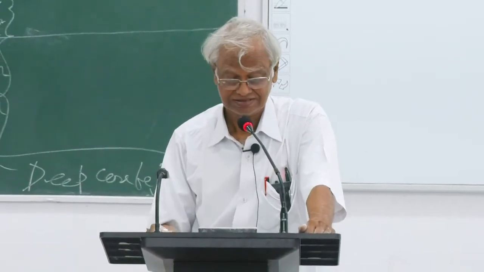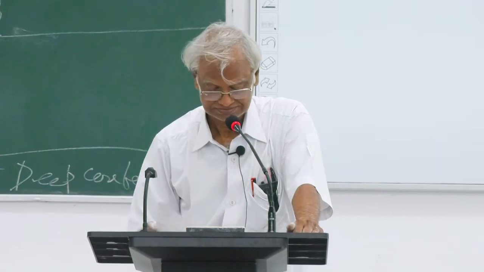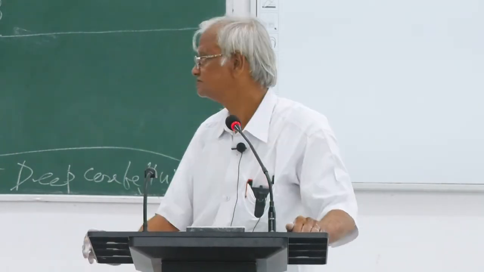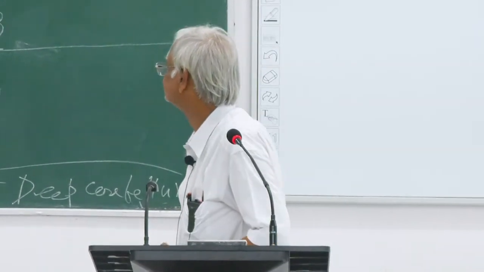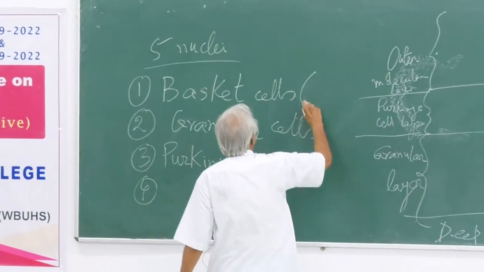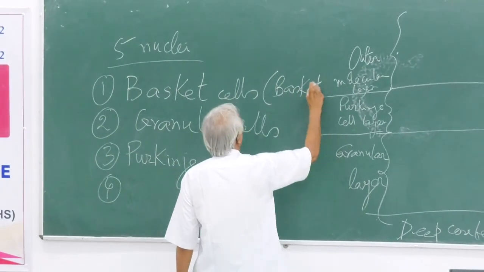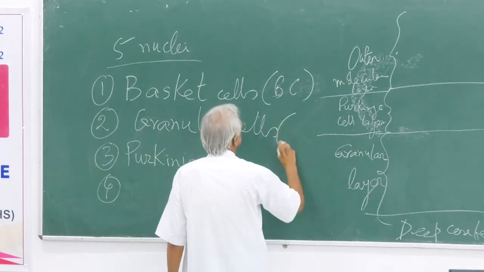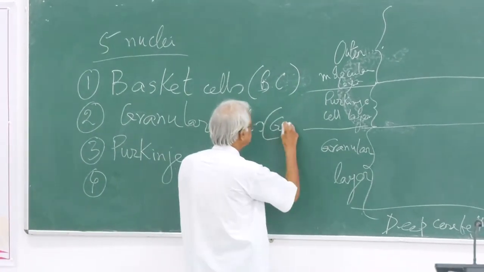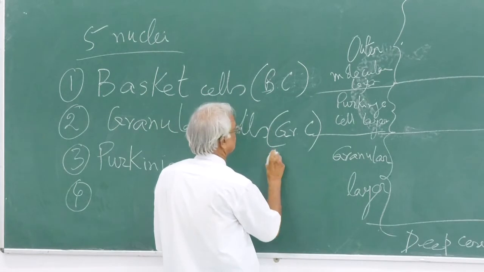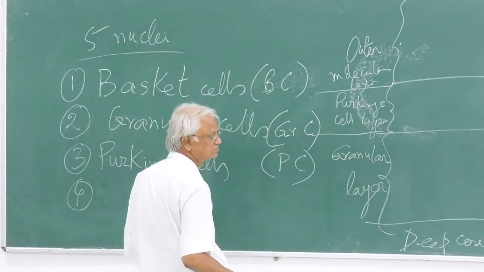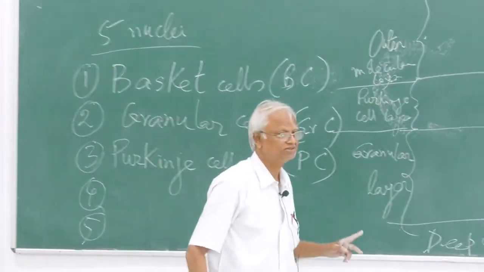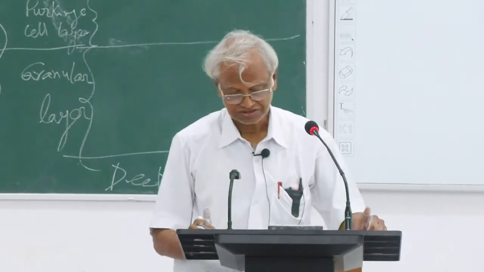Then basket cell. GC, GRC. Another, Golgi cells. Okay, so we call it Golgi cells.